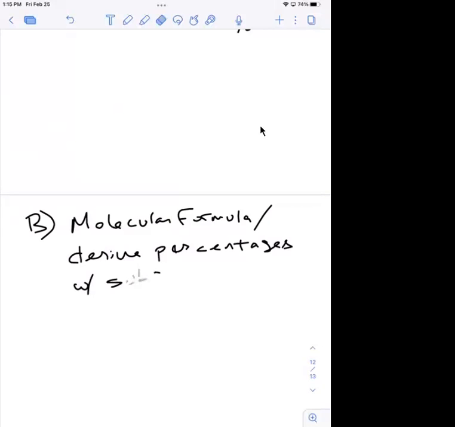So we can derive the percentages from the molecular formula.